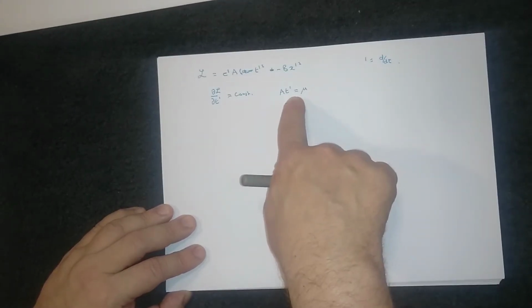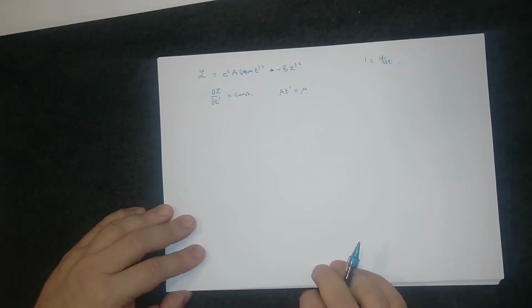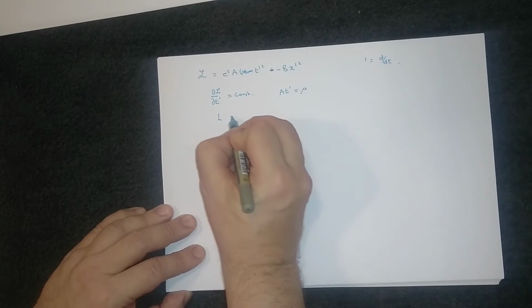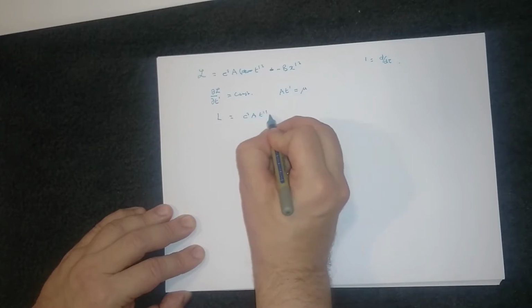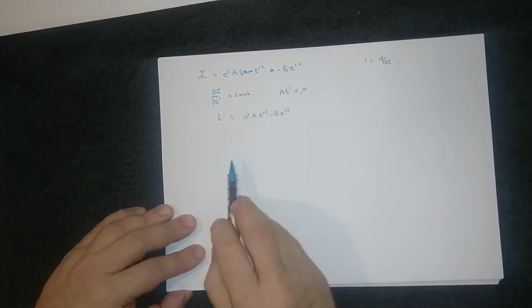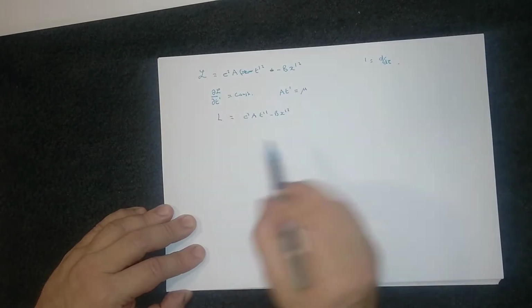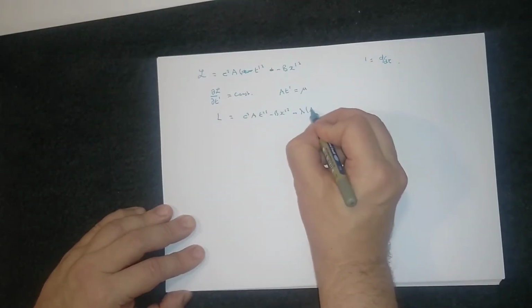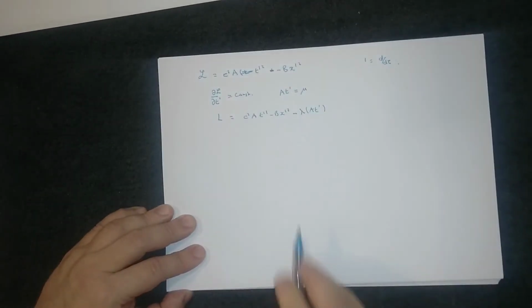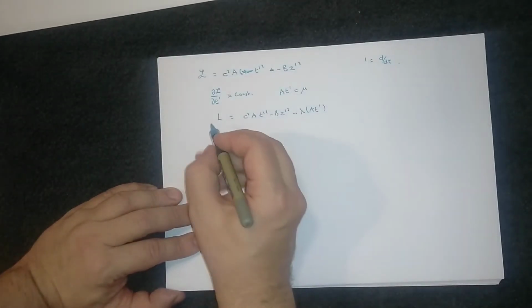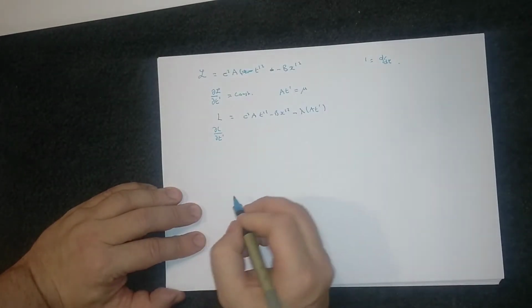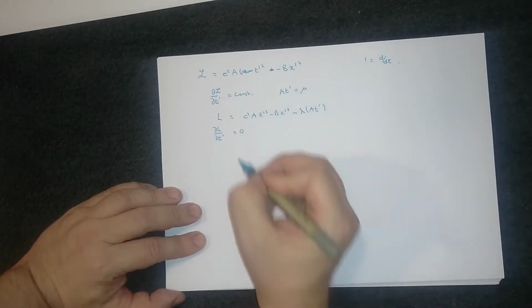What I can't do is substitute t prime into this equation, because that would not give me an equivalent set of equations. What I need to do is construct a new Lagrangian, L being the old Lagrangian, and since I'm not in future going to be differentiating with respect to t prime, I'm going to impose that a t prime is a constant by using a Lagrange multiplier, lambda. Okay, we can differentiate this with respect to t prime, and we want that to be equal to 0.